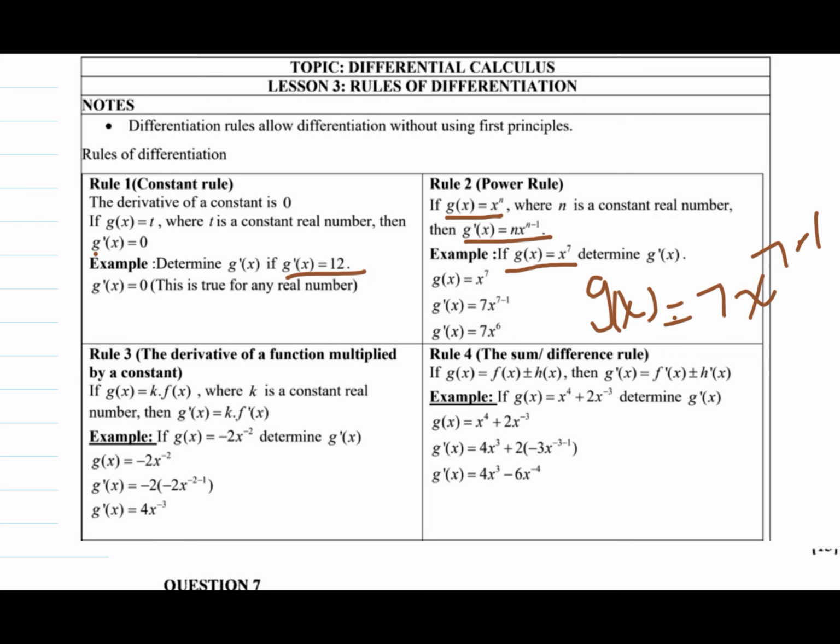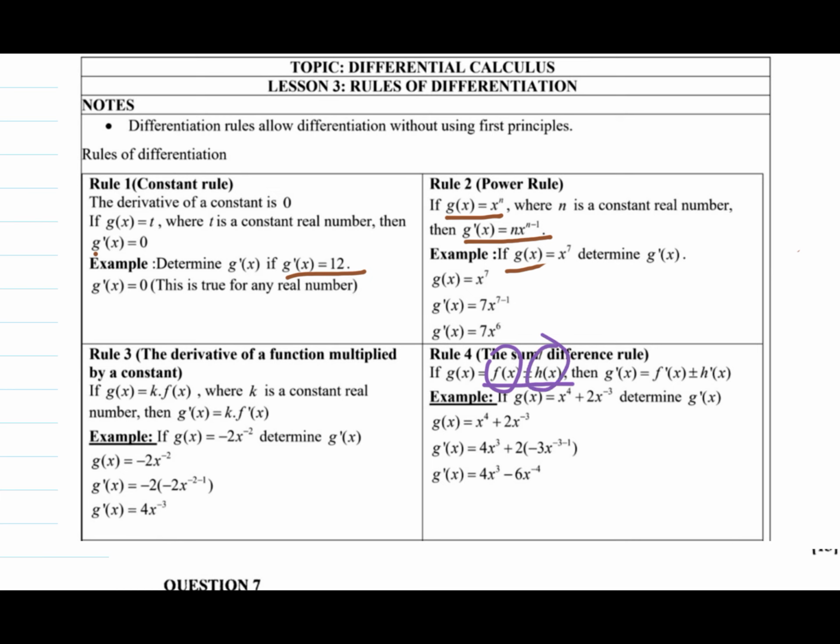Next rule we have is the sum or the difference rule. So if you have g of x being equal to f of x plus or minus h of x, you get the derivative of f of x, and then you get the derivative of h of x, and then you just add them.